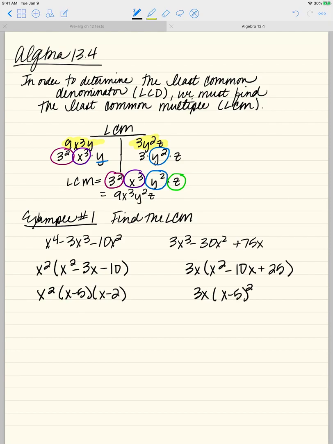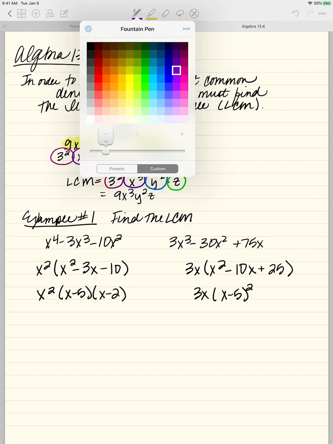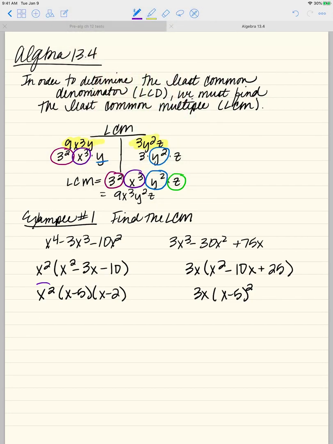Now we're going to find the LCM, the least common multiple, which is the least common denominator, and it is the product of the highest power of each factor. So what factors do we have present here? We have x squared and we have an x.